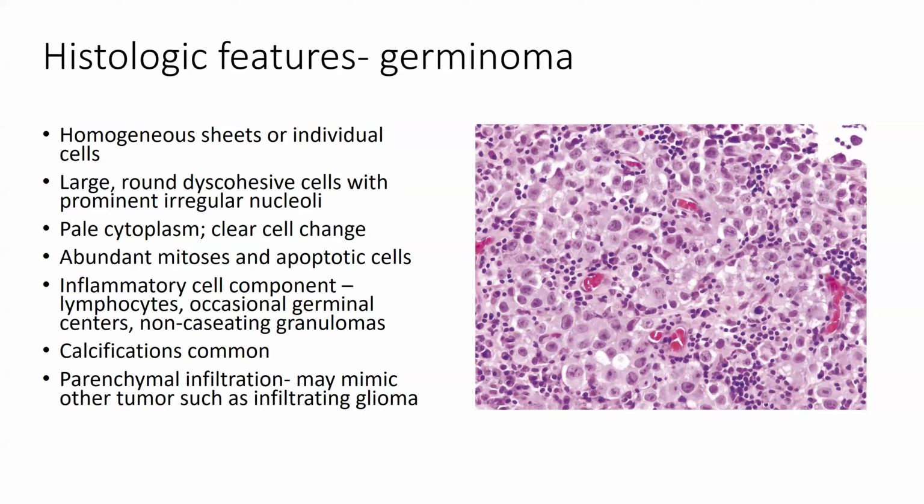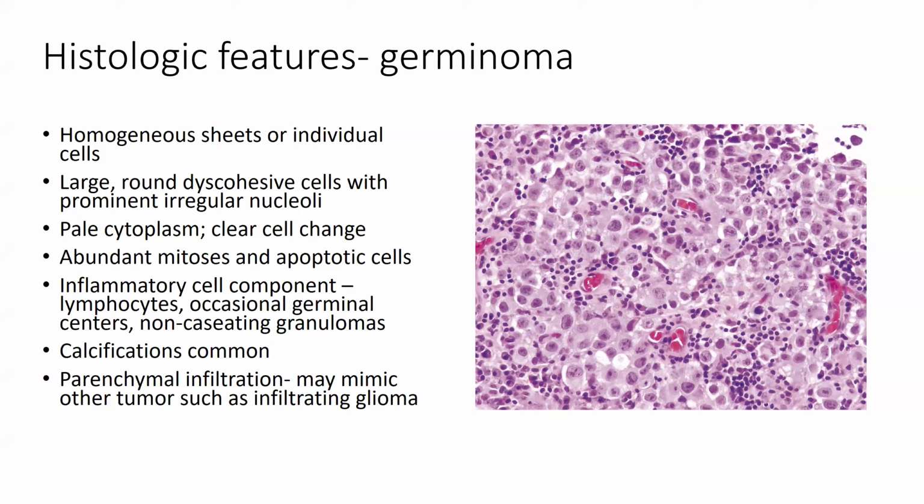Detection of abundant mitoses and apoptotic cells is very common, and there's also usually a very conspicuous inflammatory cell component, although this can be highly variable. Lymphocytes are almost always present, occasionally even with germinal centers, but it's not uncommon to find non-caseating granulomas and other inflammatory cells as well. Calcifications are common, and this can be detected on MRI as well.